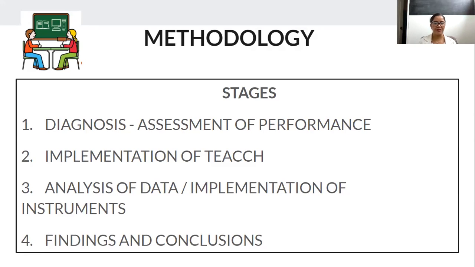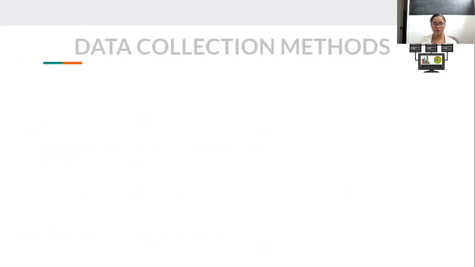Number 3, I analyzed data through the implementation of a few instruments that I will tell you in a moment. And finally, I have some preliminary findings so far, but obviously at the end of the implementation, which is going to take until next year, I'm going to have more findings and conclusions.